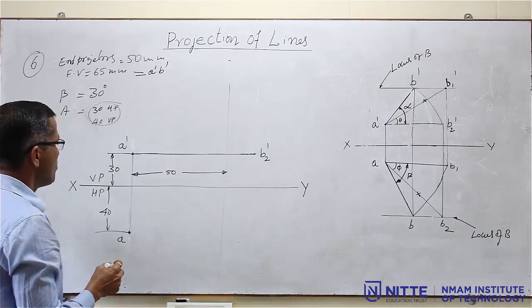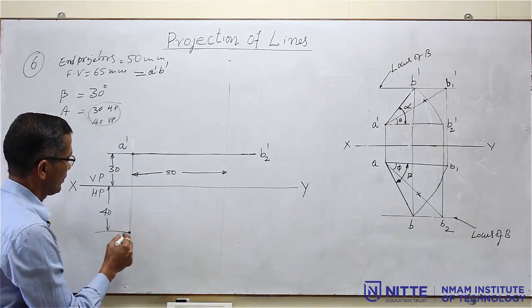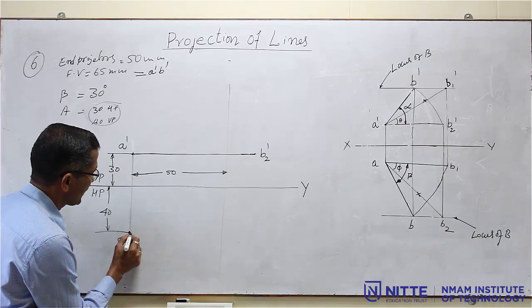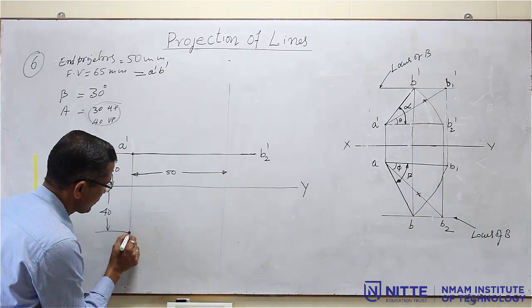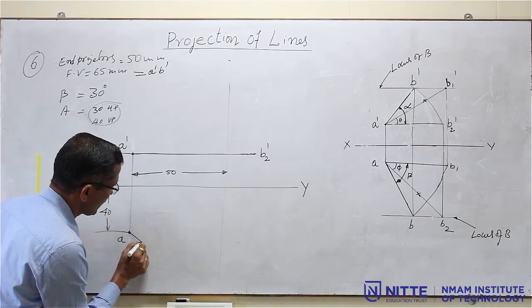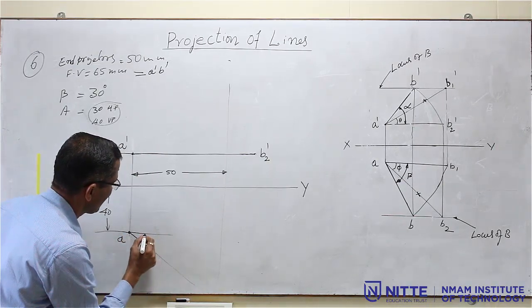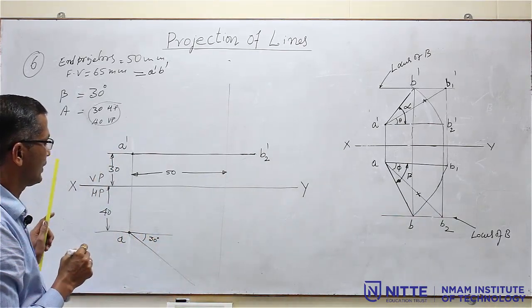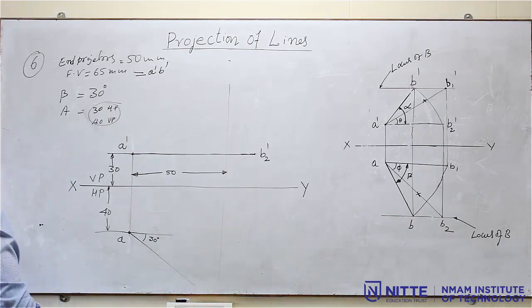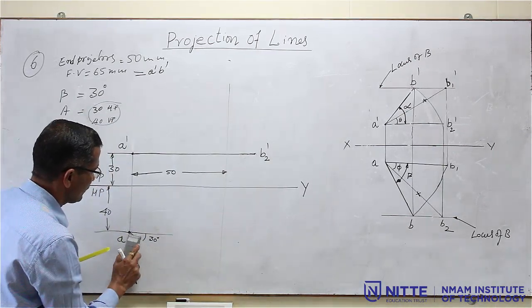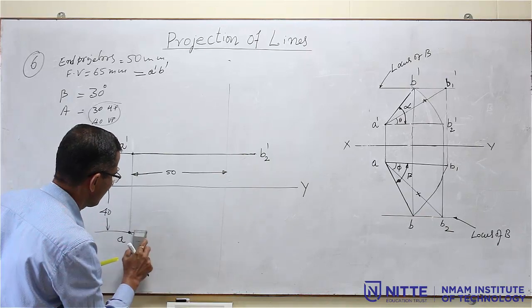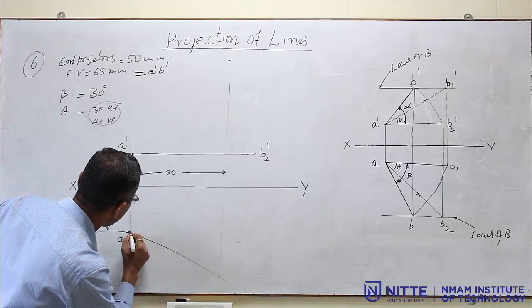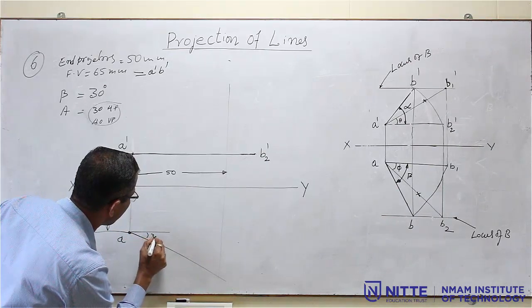Then beta is given. What does beta mean? Beta means it is the inclination of the top view. So from here I can draw a line, but I don't know the length. Only the inclination is given, 30 degree. From here I can draw this angle as 30 degree.